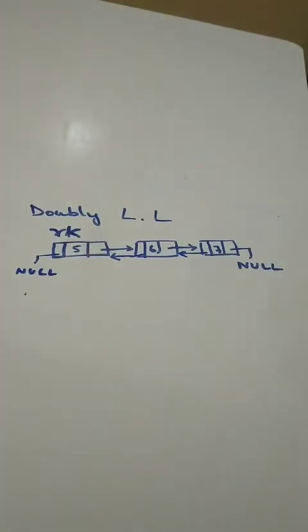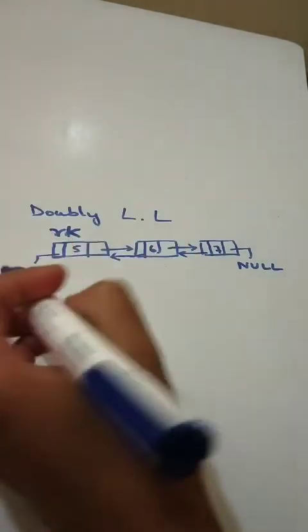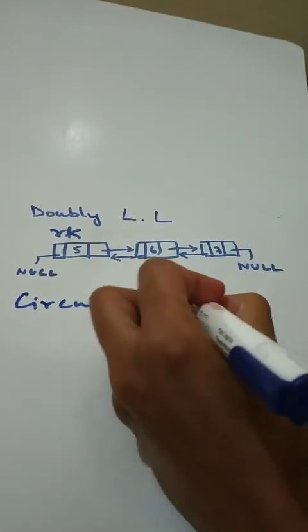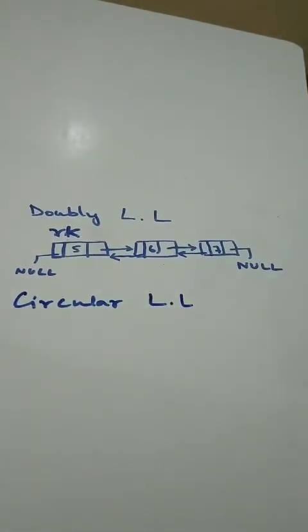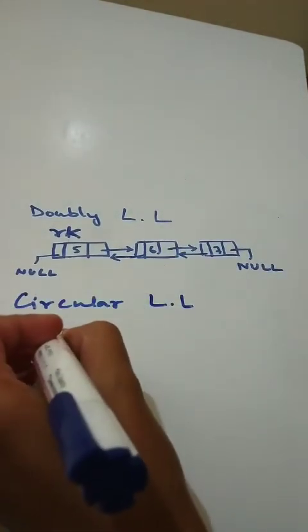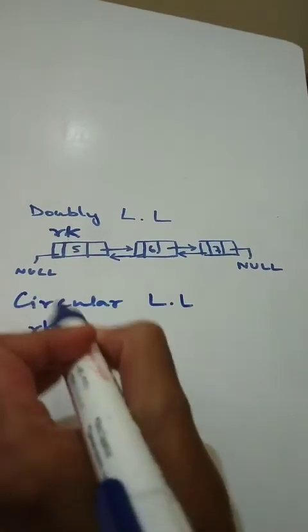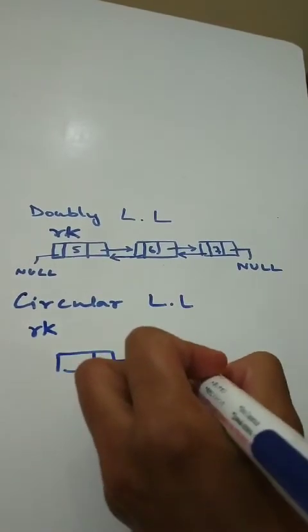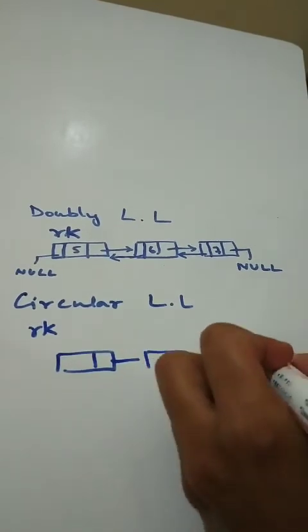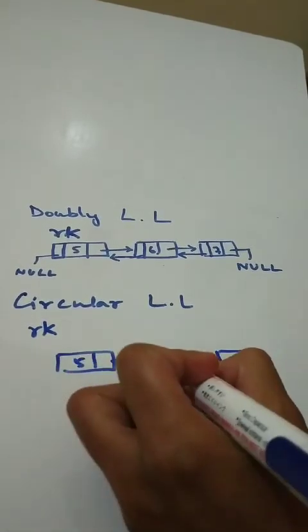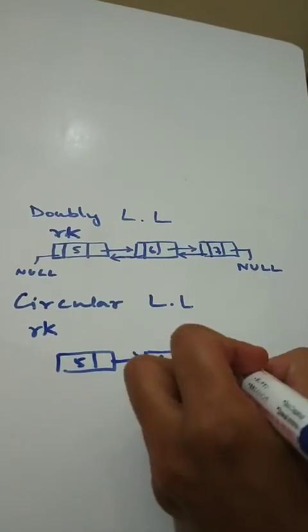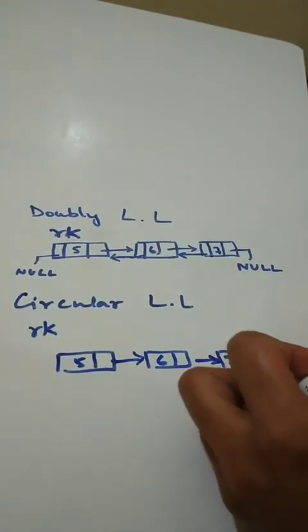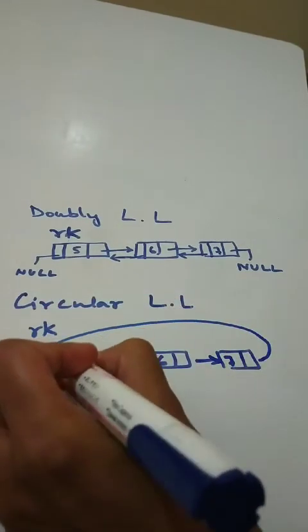Then we have a circular linked list. Let's say this is the list that I've created, which is actually a singly linked list only, with the extension that the last node does not point to null, but it points to the first node.